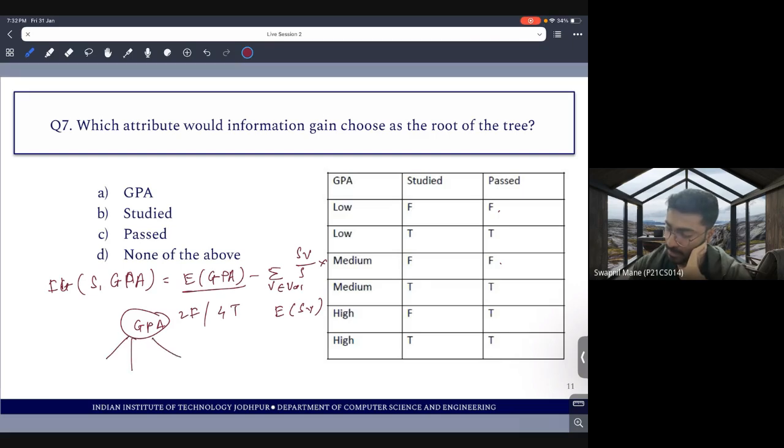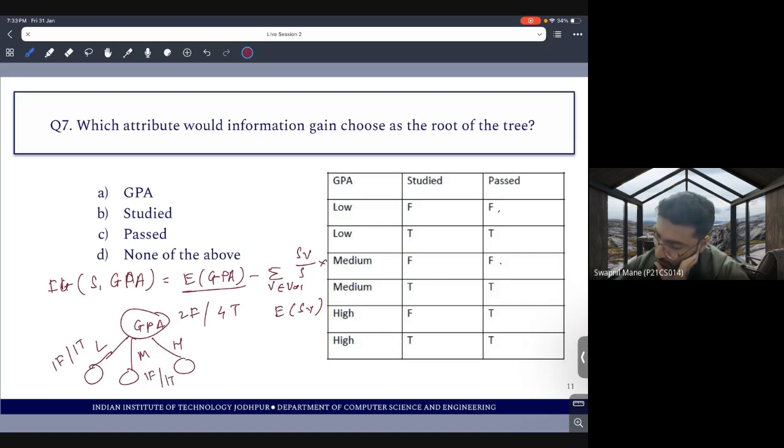And for the split, let's see how much we are getting. For low, medium and high: for low we are getting 1F 1T, and for medium 1F and 1T.